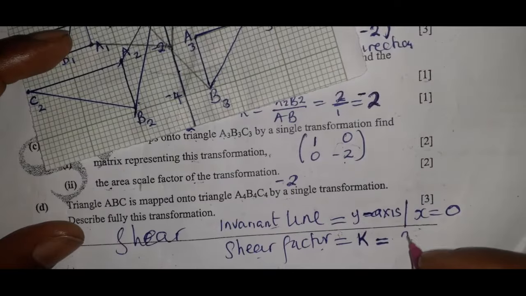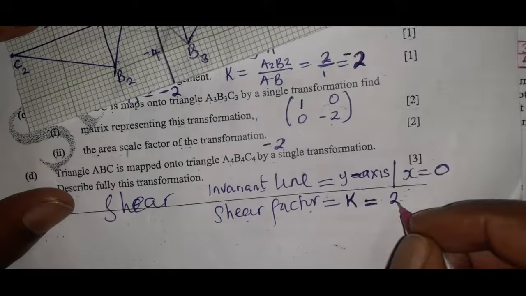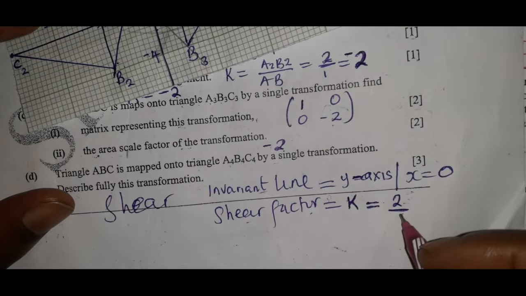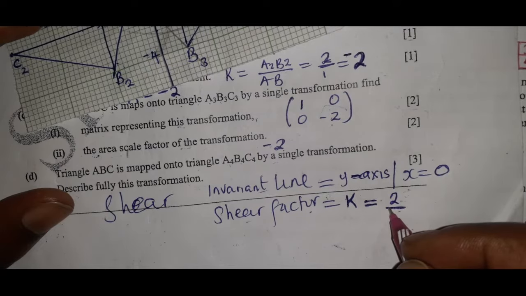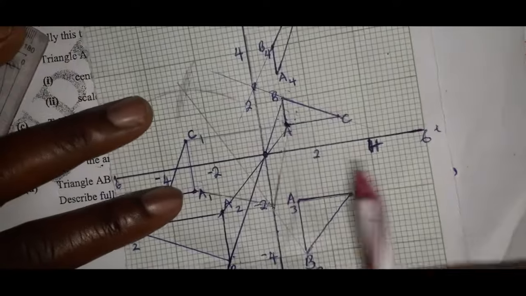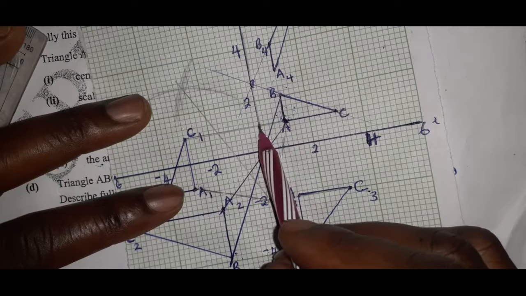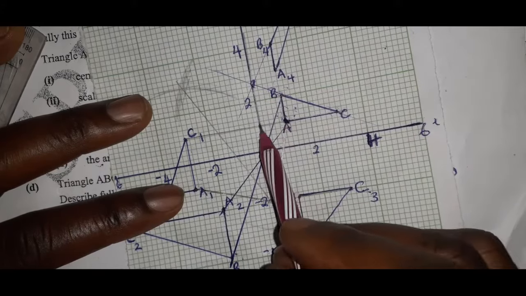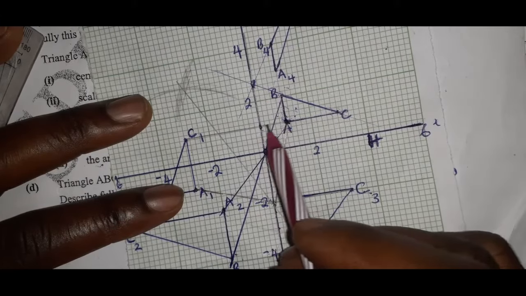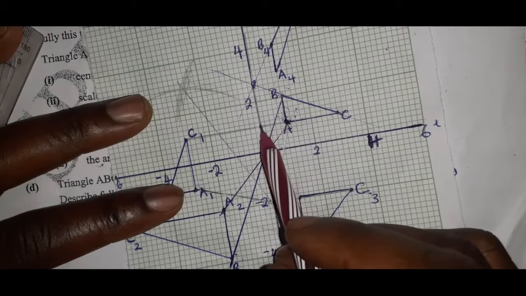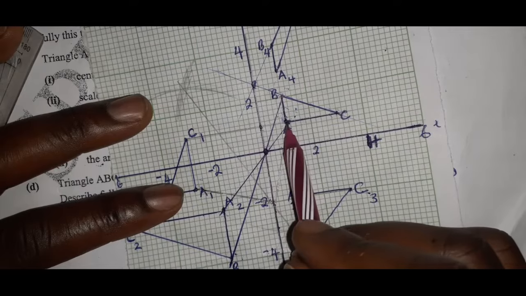It's 2 over the distance from the invariant line up to the point on the image. So this is 1 from the invariant line to this one.